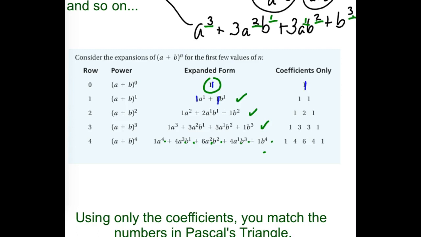Both of my coefficients there are 1s, so my next row is just 2 1s. Then I have a 1, a 2, and a 1. Okay, so this part right here is just the coefficients. I've ignored all of the variable pieces. This is Pascal's triangle, or the start of it. Okay, and we're going to be able to use Pascal's triangle to help us generate our answer.